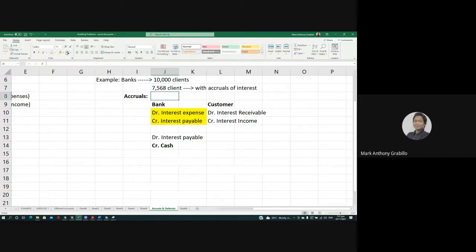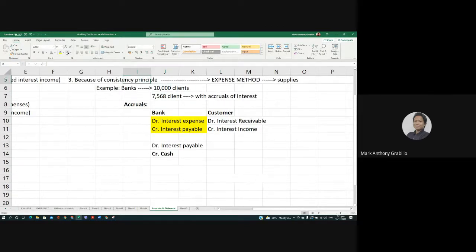So, syempre, hindi naman lahat ng client pare-pareho yung setup na monthly, merong interest accruals, or yung iba kasi quarterly lang yung bayad sa interest. So, depende. Ikaw bilang accountant, ginawan mo ang 7,568 clients.